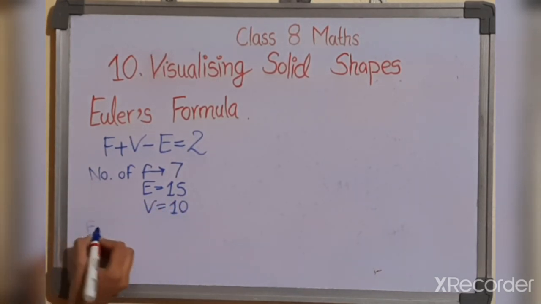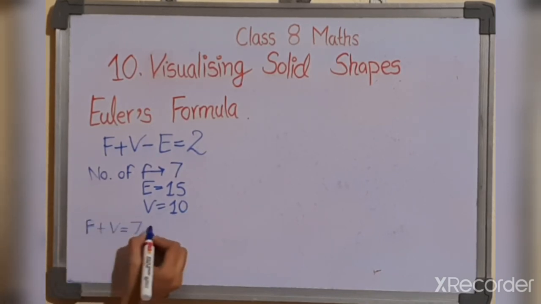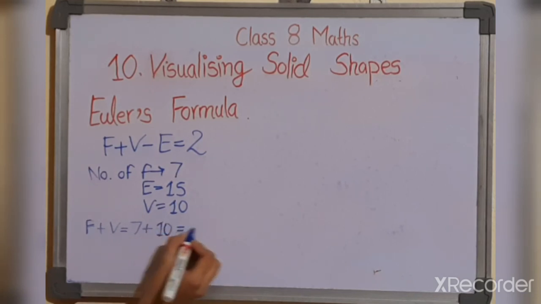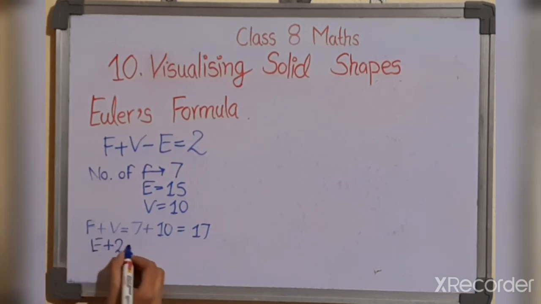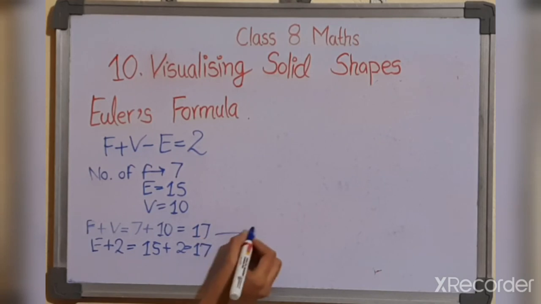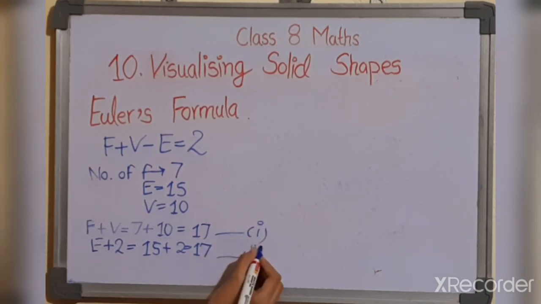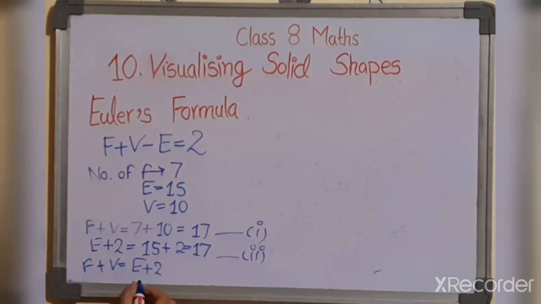Now as we know that F plus V, that is faces plus vertices, is equal to 7 plus 10, which is equal to 17, and edges plus 2, that is 15 plus 2, which is equal to 17. And from this we see that F plus V is equal to E plus 2, and therefore we see that here the theorem is verified. This is how we solve the questions related to this.